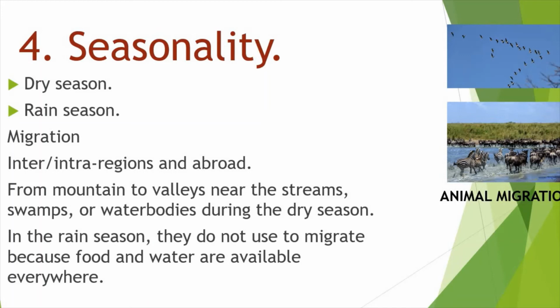Generally, we experience some movement of organisms from the mountain to the valley near the streams, swamps, or in general water bodies during the dry season, because food and water are available in that area. In the rainy season, they do not choose to migrate because food and water are available everywhere.